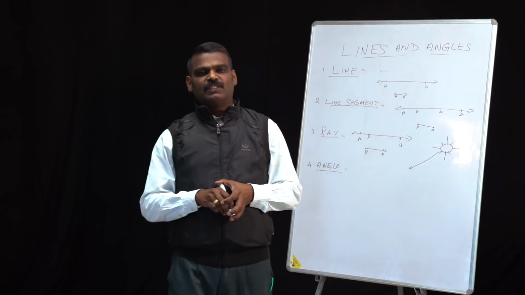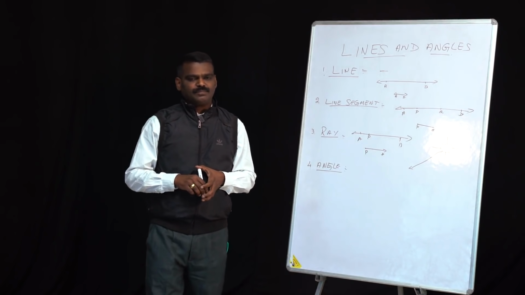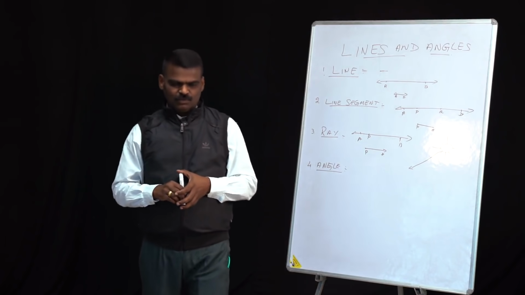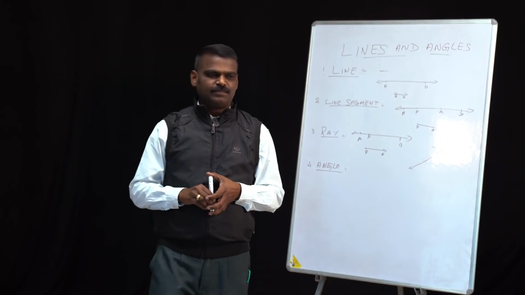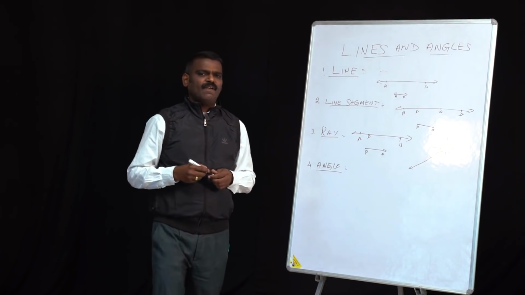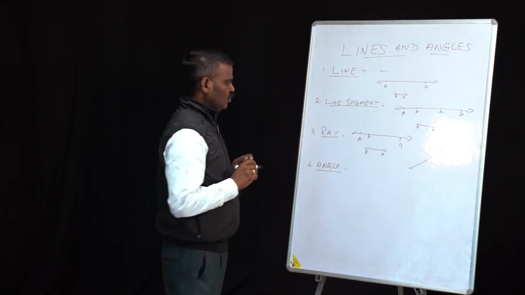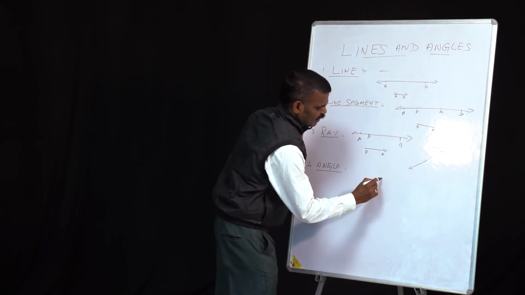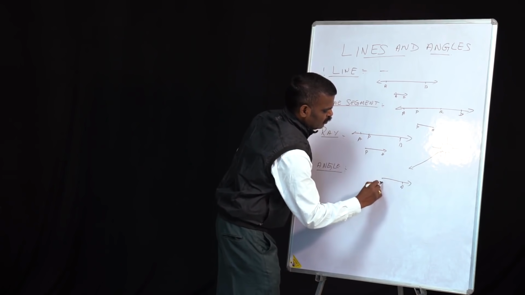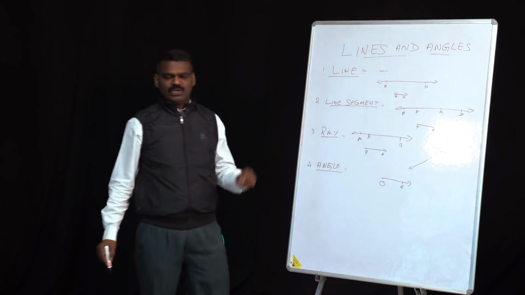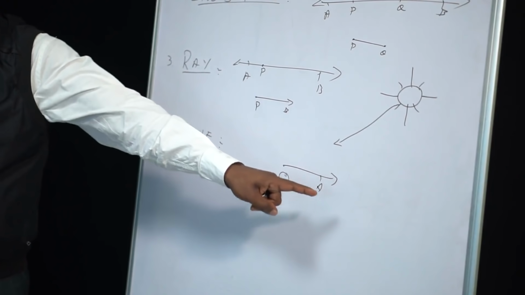Now comes the next point, angle. What is angle? When two rays, one ray AO, the ray AO starts at O and where it is going to end, do not know.